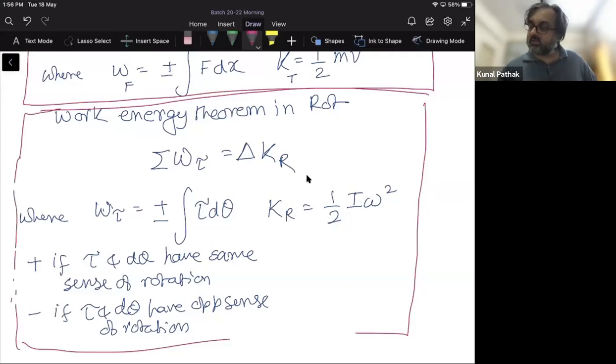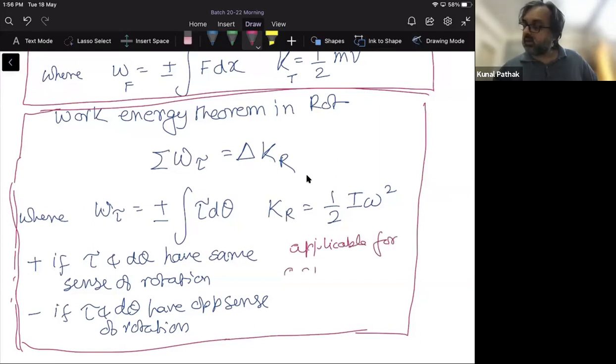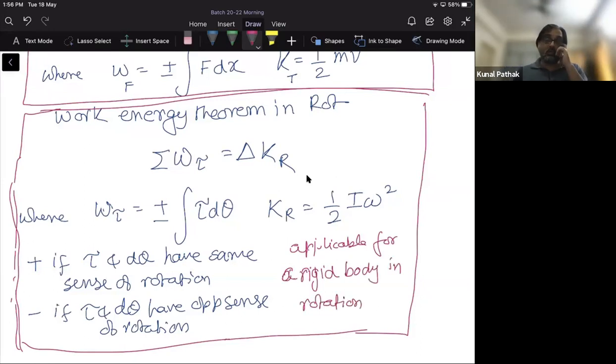So this, just like the things we have discussed before, is applicable for a rigid body in rotation. Okay, and what do you think is going to happen for a rigid body in rotation and translation? We are going to apply both. We are going to apply both. But before we do that, I want to discuss this rotation one apart.